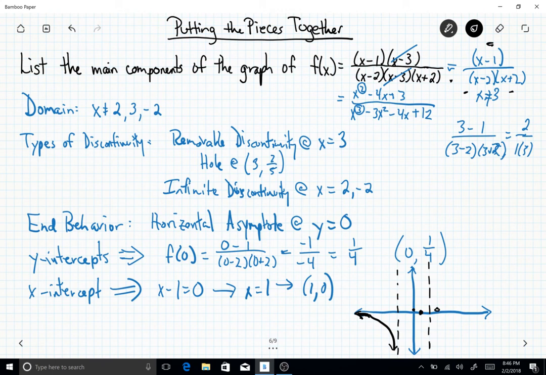And another component: I know at the y-intercept I'm above the x-axis, and I can't cross, so I have to be on this side at least up until here. It might not look exactly like this, but I'm giving you the gist. Now, am I going to just touch that point, or am I going to cross through?